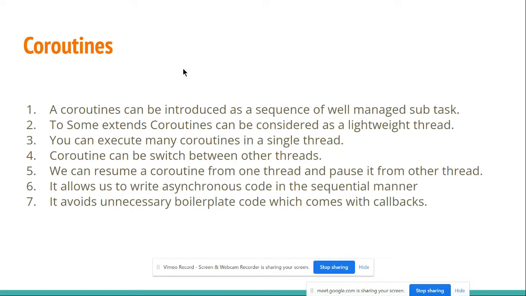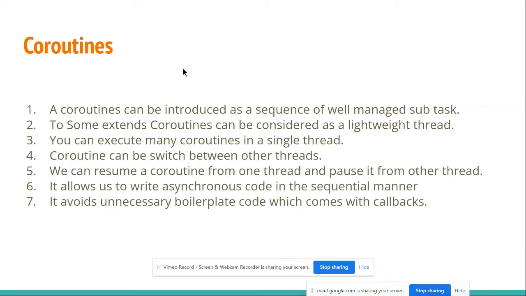A coroutine can be described as a sequence of well-managed subtasks. When we create one coroutine, it is not a thread. We can take it as a sub part of a thread. We can make different parts of the thread and perform different functionalities using a single thread.